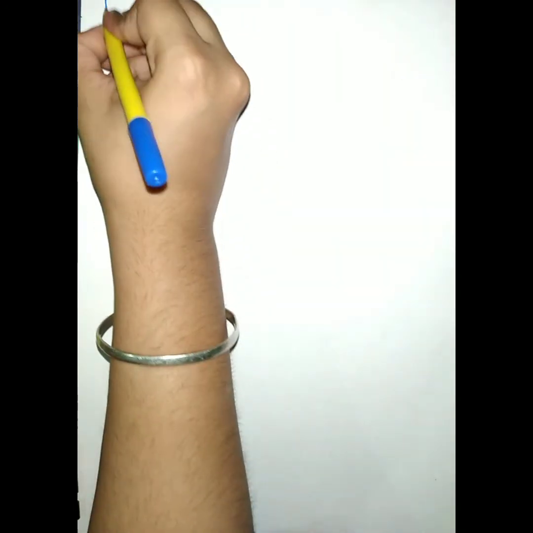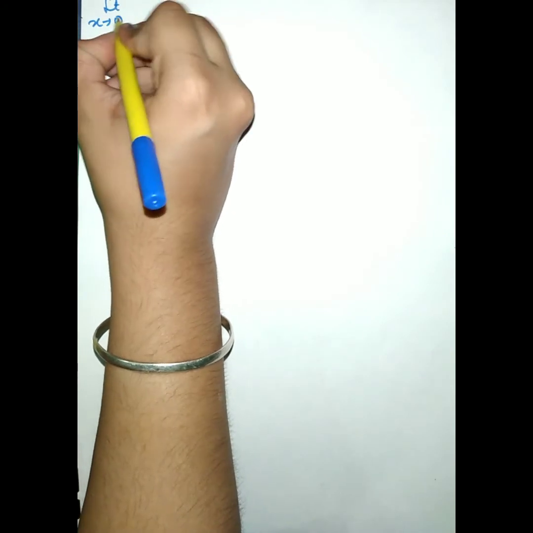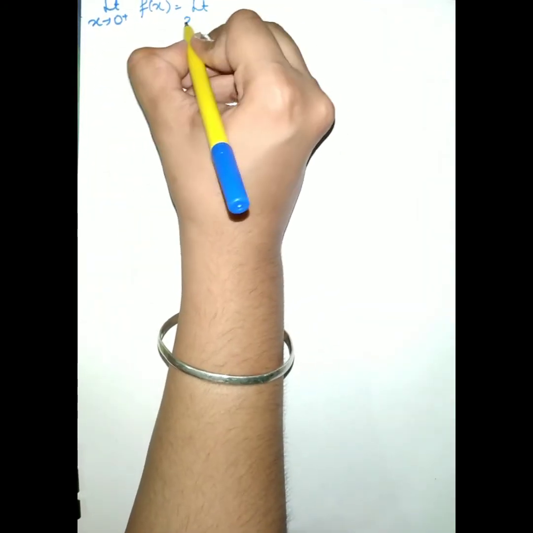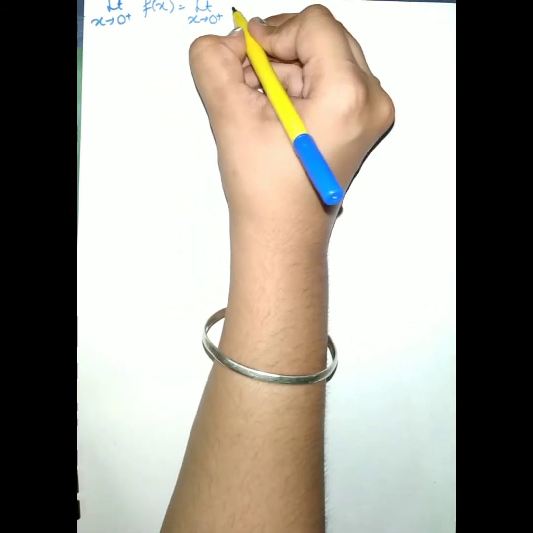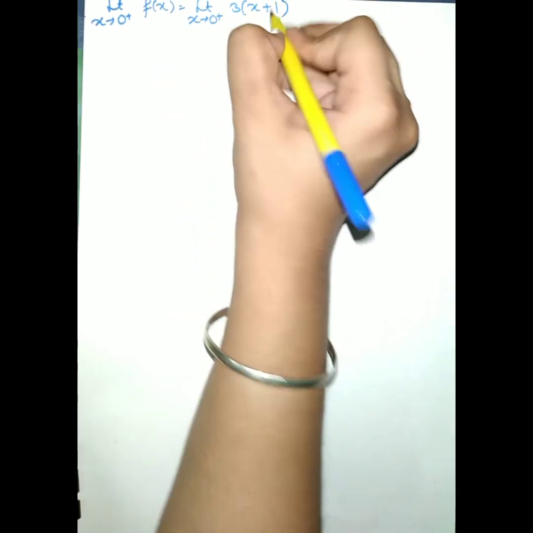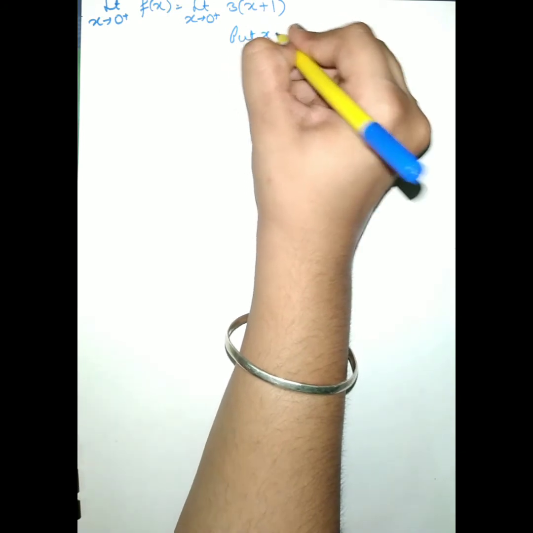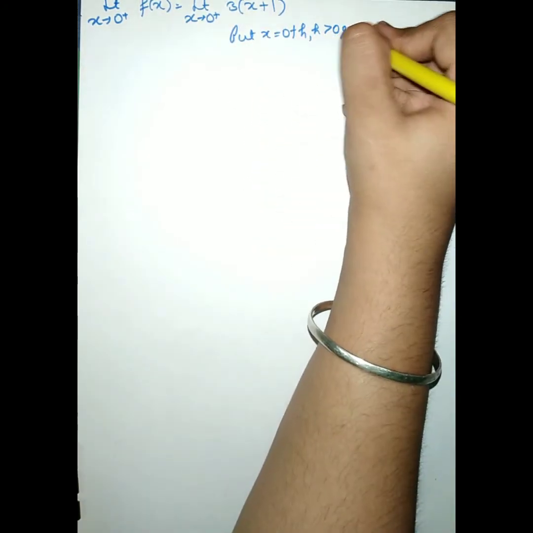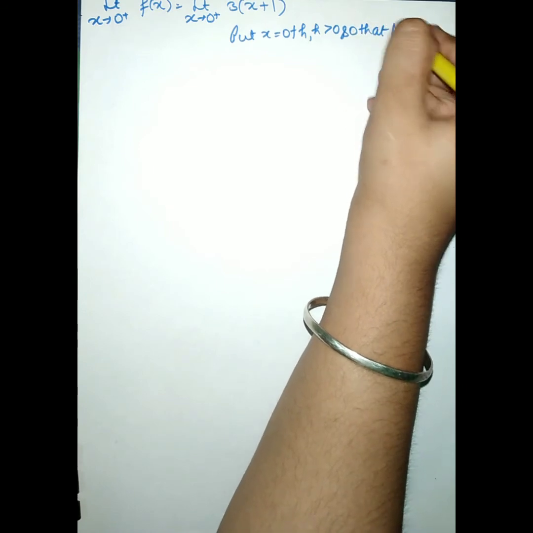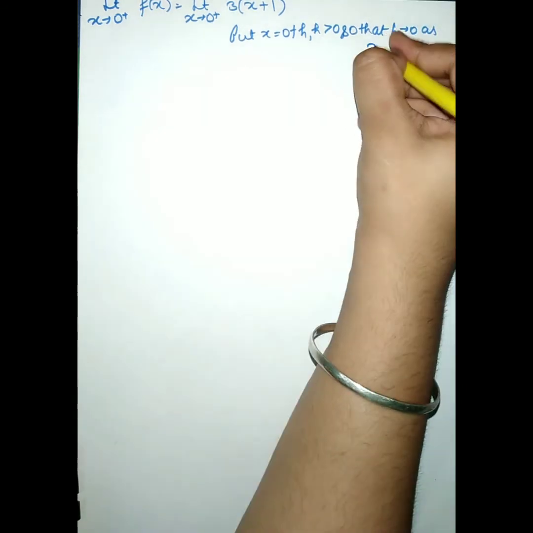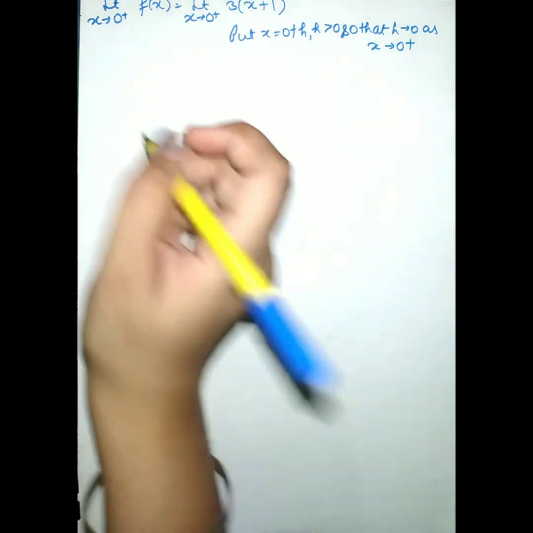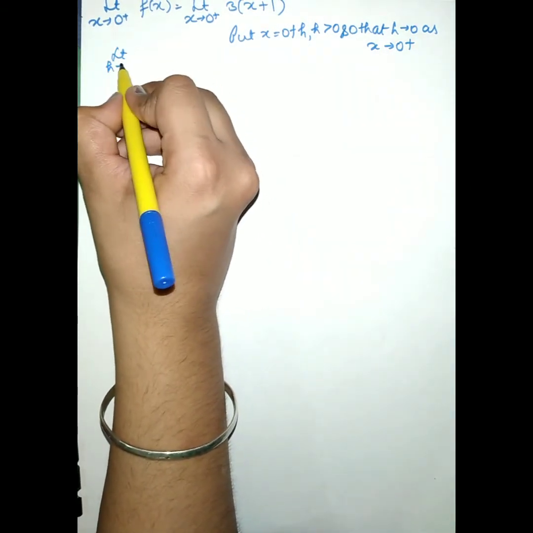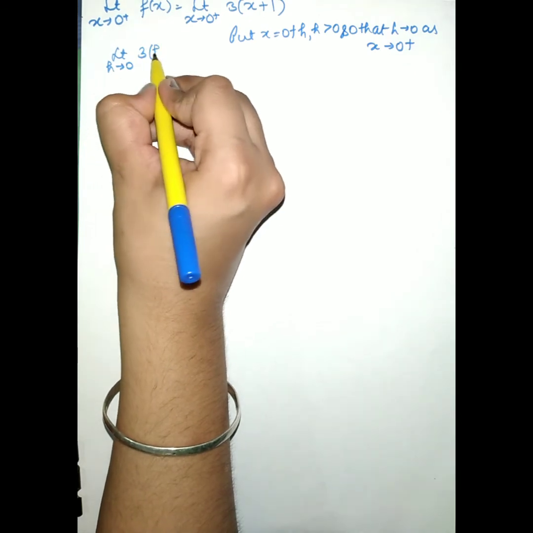Now limit x approaches to 0 positive f of x is equal to limit x approaches to 0 positive 3x + 1. Put x equal to 0 + h, where h is greater than 0, so that h approaches to 0 as x approaches to 0 positive. Then it will become limit h approaches to 0, 3 into h + 1.